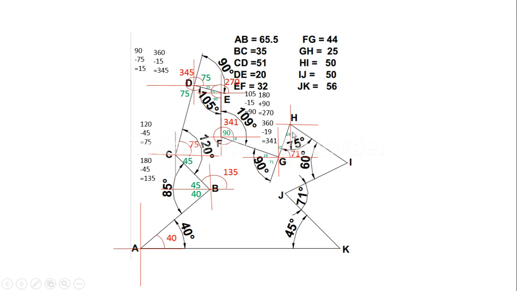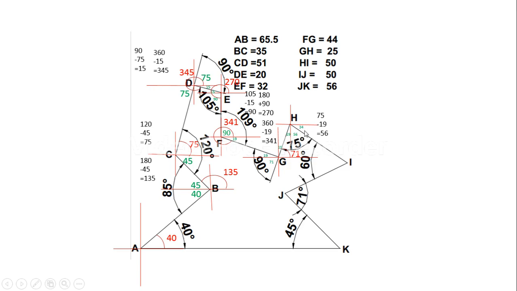So if this portion is 19, the remaining portion will be 75 minus 19, which is 56. And if this is 56, this total is 90, from this red line to this red line, so the angle here is 34. The sum will be 90.